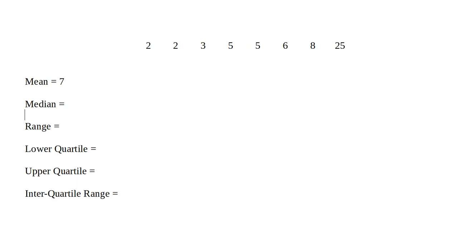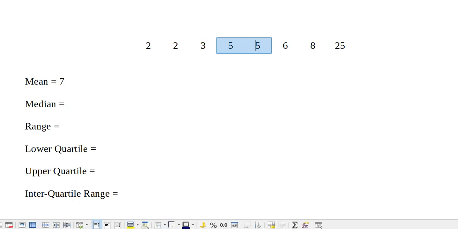So the mean seems to be affected by that funny 25. If we were to find the median, well, it's going to be between 5 and 5 because there's 3 to the left and 3 to the right.